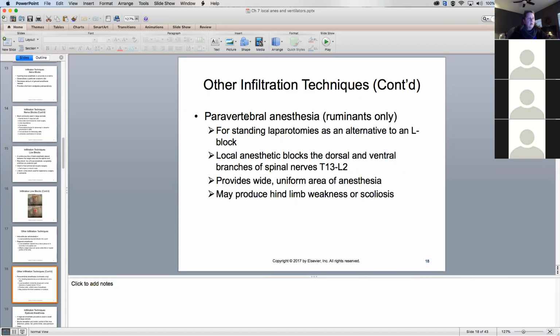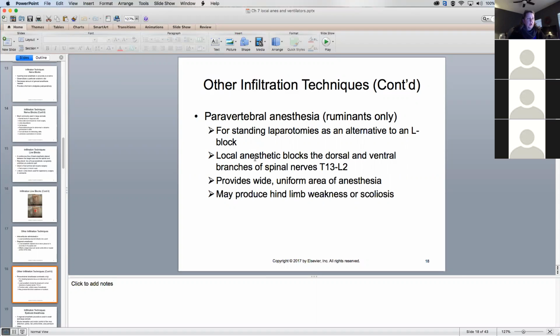Here is a better description of the paravertebral block for standing. A laparotomy, of course, you guys are in surgical nursing, is just an abdominal surgery. A laparotomy is opening the abdomen, and you can do that lots of different ways. But a standing laparotomy, you have to do a flank incision, cutting through the flank, and then you get into the abdomen laterally.